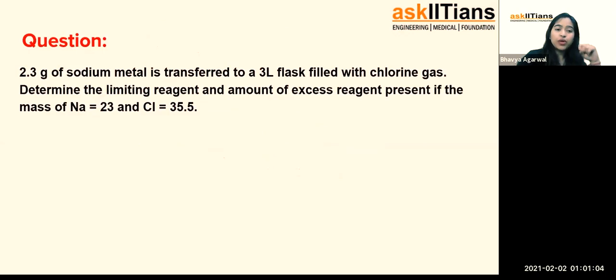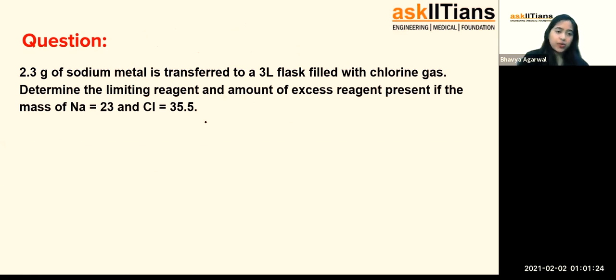So let's move to another question, which is: if 2.3 grams of sodium metal is transferred to a 3-liter flask filled with chlorine gas, then you have to determine the limiting reagent and the amount of excess reagent present.